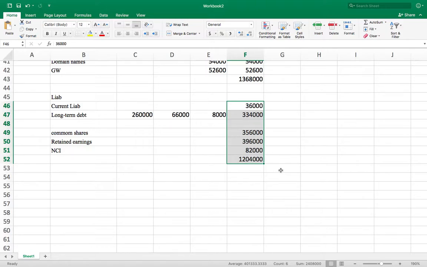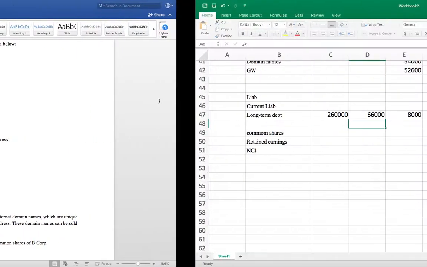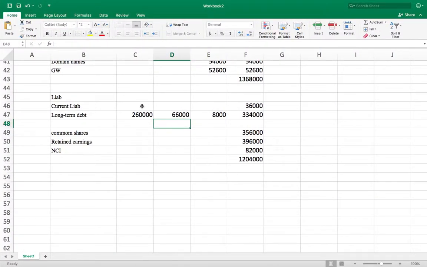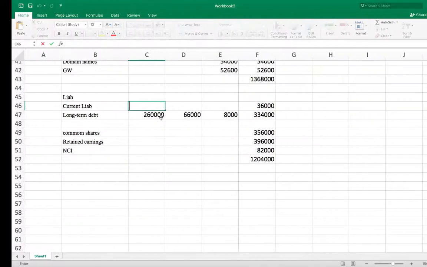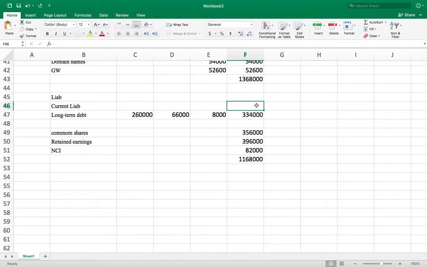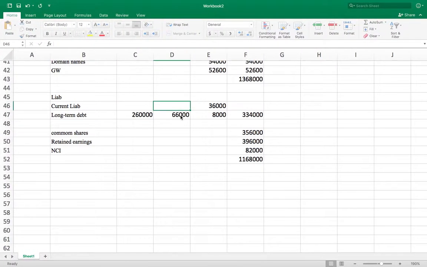And it did not balance because we forgot something. Current liabilities, we didn't put 164,000. So current liabilities we have to put for this company 164 plus 36. Our current liabilities were 164.